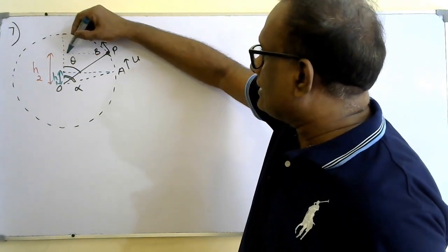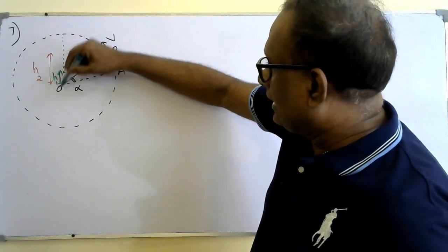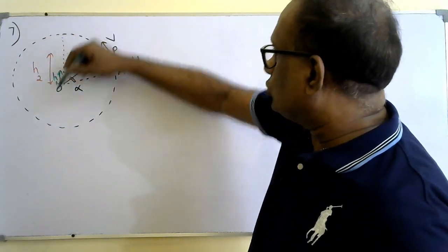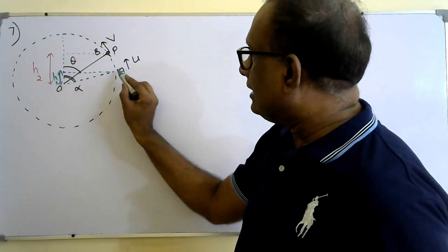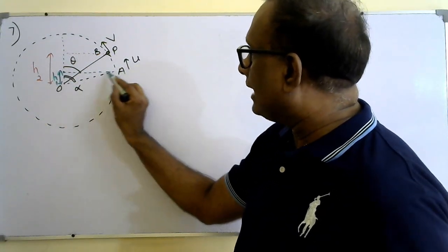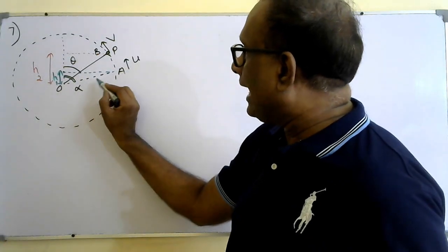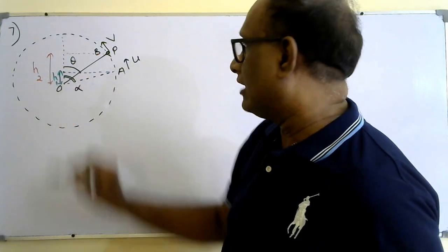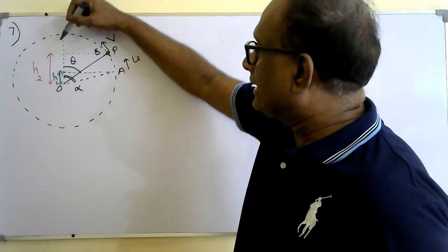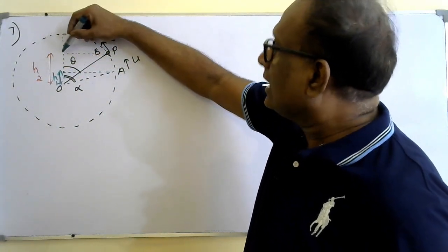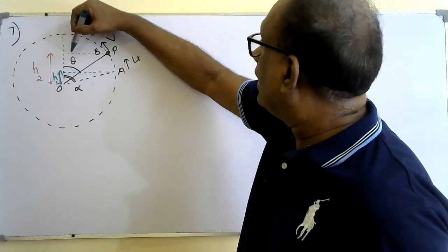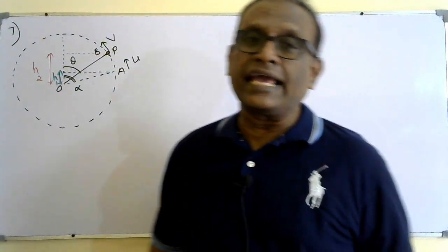H2, we can consider this right angle triangle. In this right angle triangle, H2 is equal to L cos theta. Can you imagine this right angle triangle? H1 is equal to L cos alpha. So H, the vertical height moved by the particle when it moves from A to B, is L cos theta minus L cos alpha.